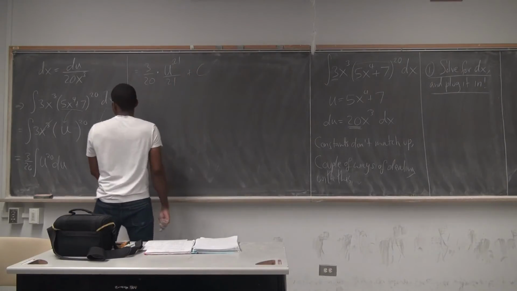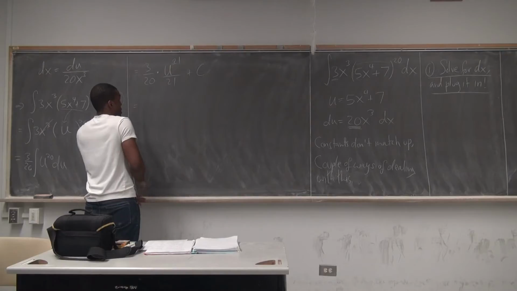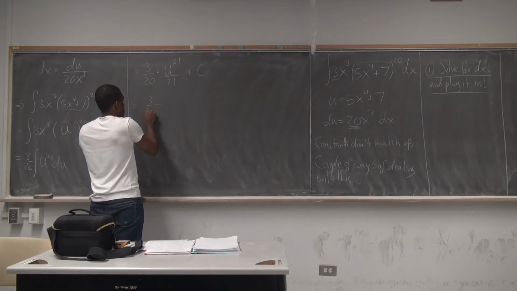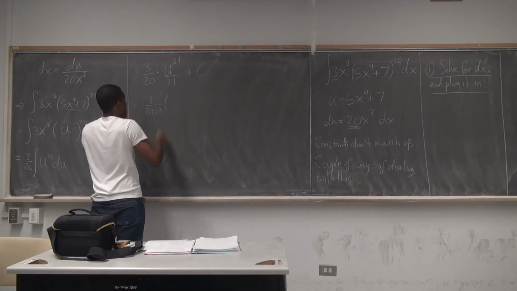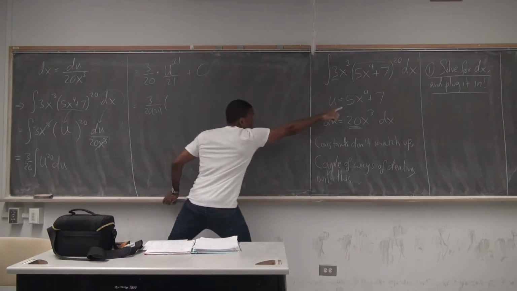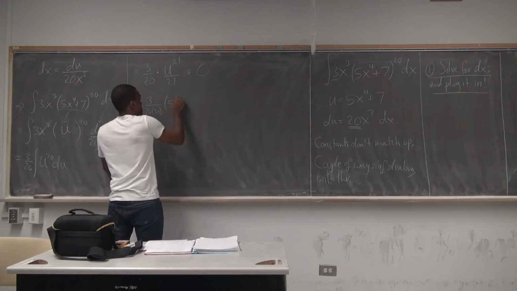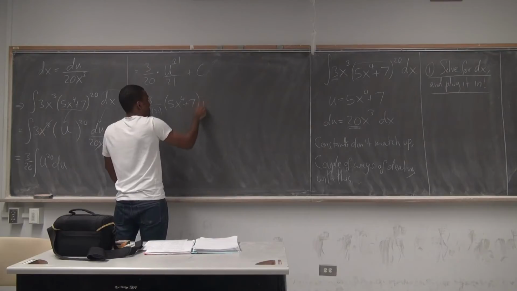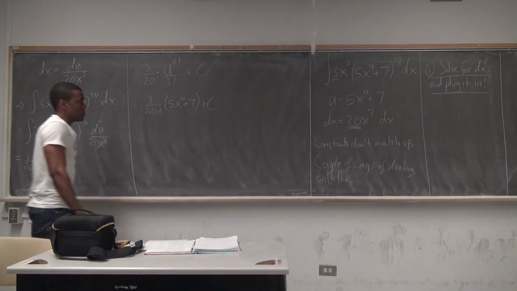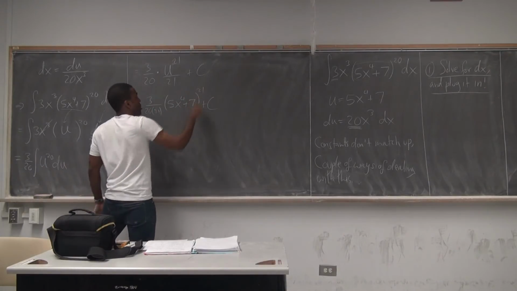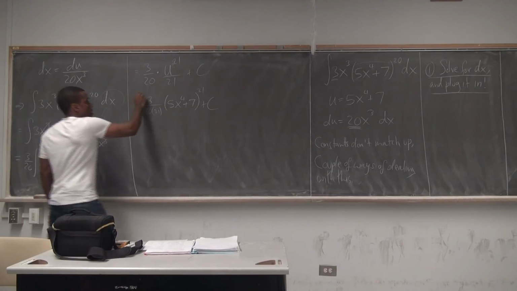Plus C, because it's an indefinite integral. And so now I just have 3 over 20 times 21. My U was this guy, to the 20. And that would be the answer.